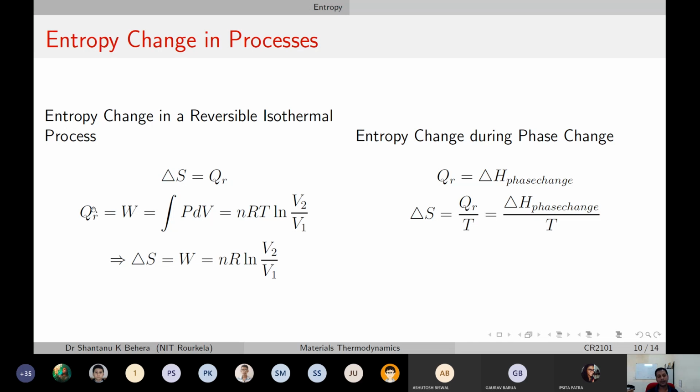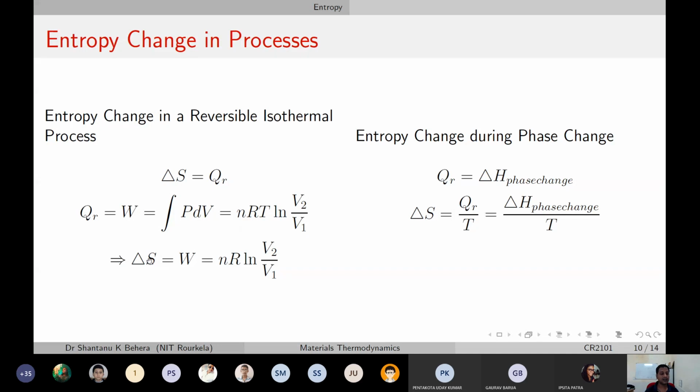you'll find that the reversible Q is equivalent to only the work done, because dU, the change in internal energy, is 0. So that is W, which is the integral of P dV, and then you put nRT by V in place of P, and you get nRT ln V2 by V1.